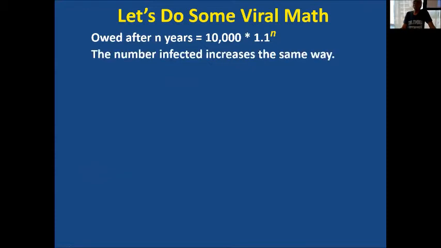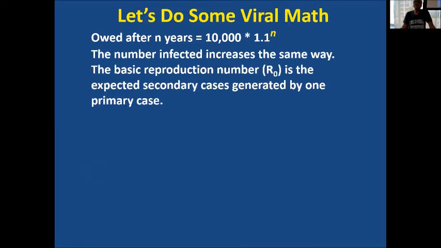So the number of infected by the virus increases the same way. There is a basic symbol that was new to me called R0, and that R stands for reproduction. So that's the basic reproduction number. That's the expected secondary cases generated by one primary case.